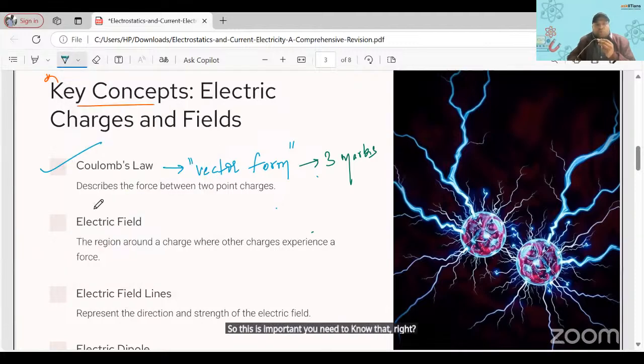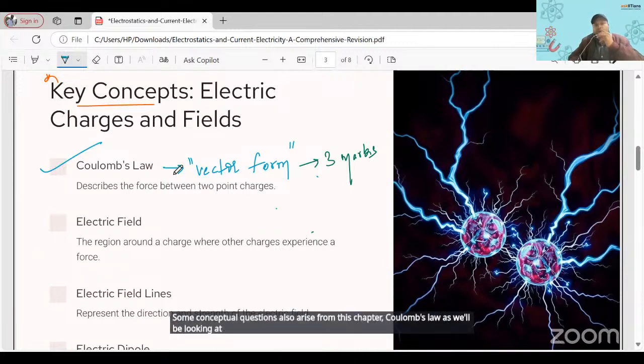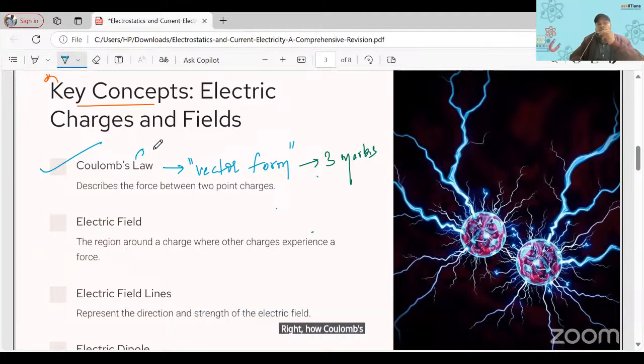Some conceptual questions also arise from this chapter, Coulomb's law, as we'll be looking at from the previous paper of 2024-25. How Coulomb's law is related to the electric field due to a point charge.